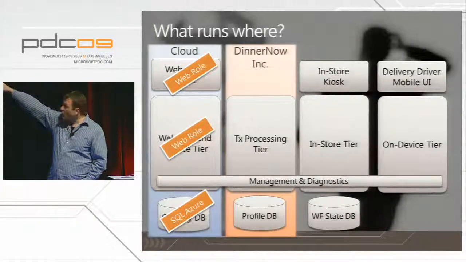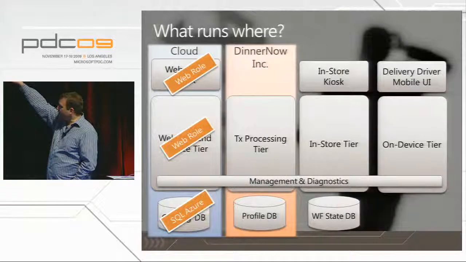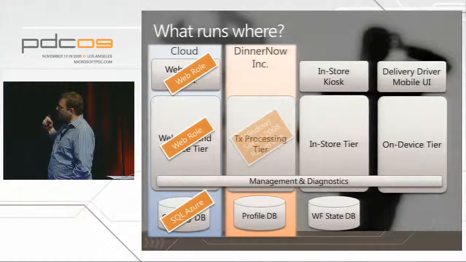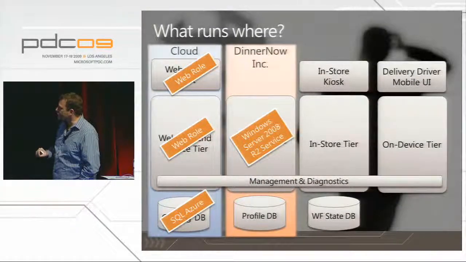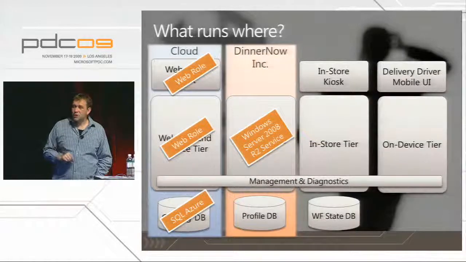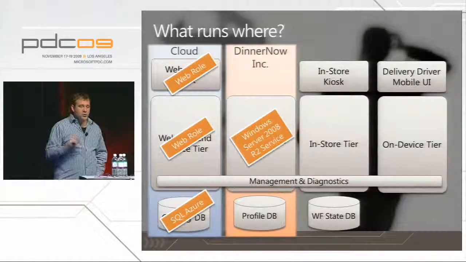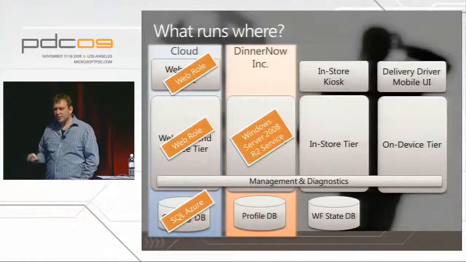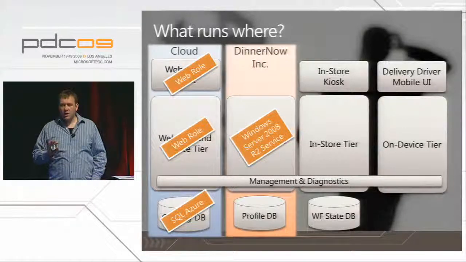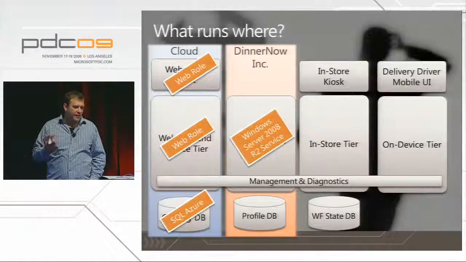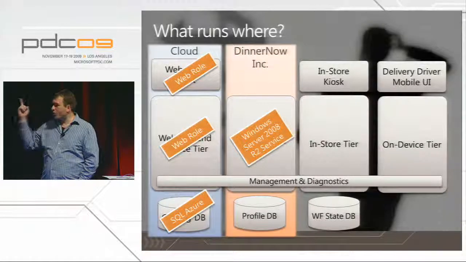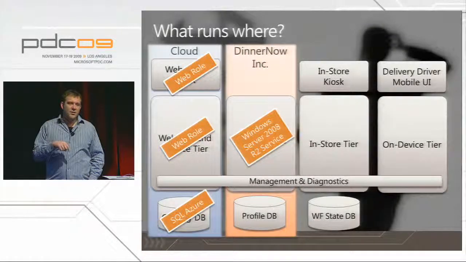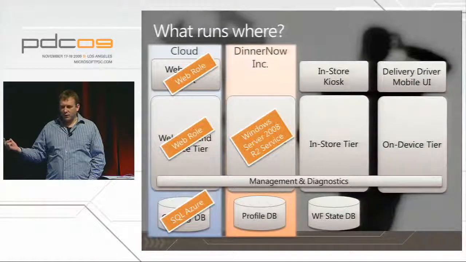So at Dinner Now Inc., that little company, we're running the transaction processing tier on Windows Server 2008 R2 in a service. Of course, once released, this would run perfectly well on App Fabric. And App Fabric is actually designed for that case because the order processing service here in Dinner Now is implemented as a workflow.